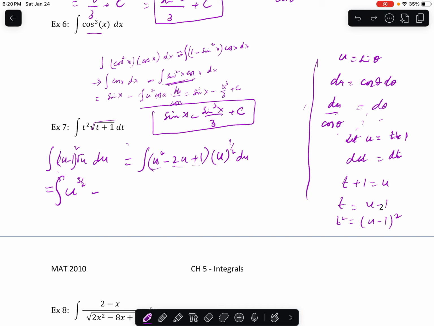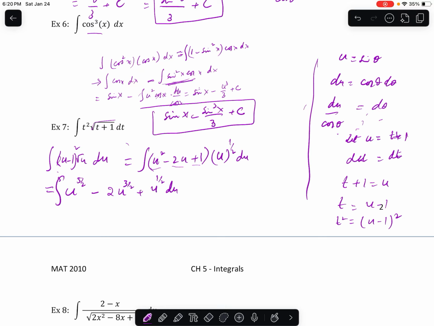So the integral of u to the 5/2 minus 2 times u to the 3/2 plus u to the 1/2 du.